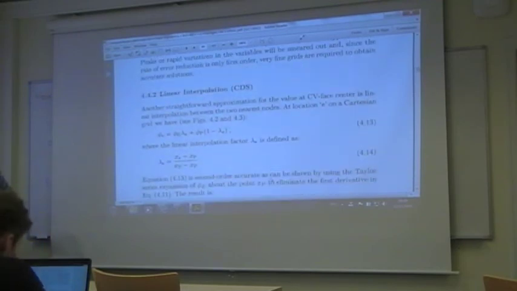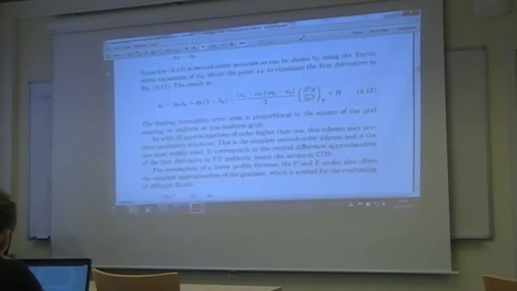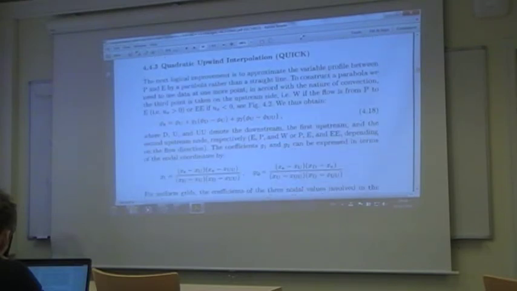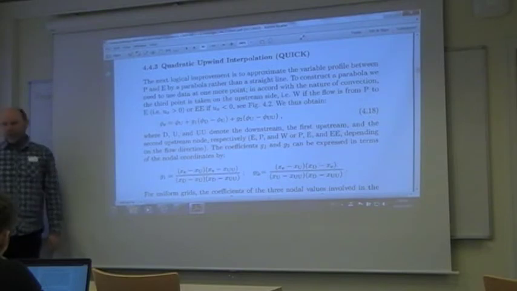The linear CDS scheme, then we quickly run into problems with stability, but it should be more accurate. And then you have more advanced methods. QUICK, that's a famous one.